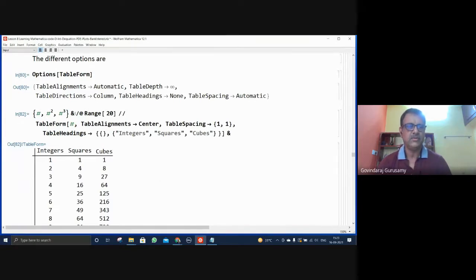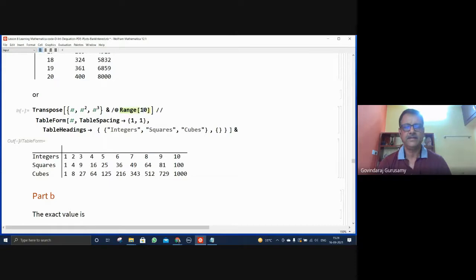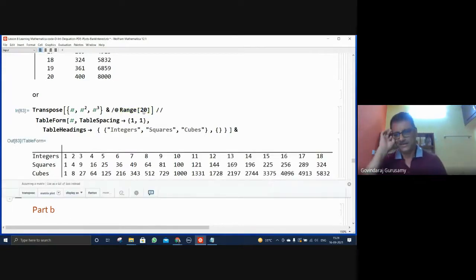What do you do? You transpose this. See, Transpose. Put the same thing. You can see integers, squares, and cubes are available. Integers are here, then squares and cubes. You can also make it up to 20, and that can be seen here.